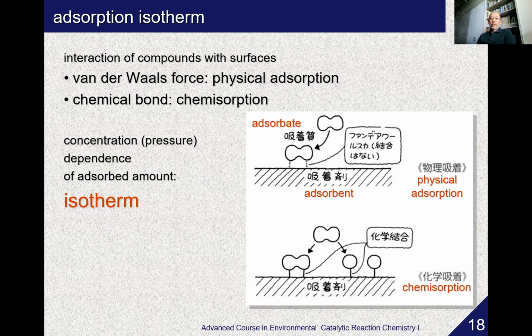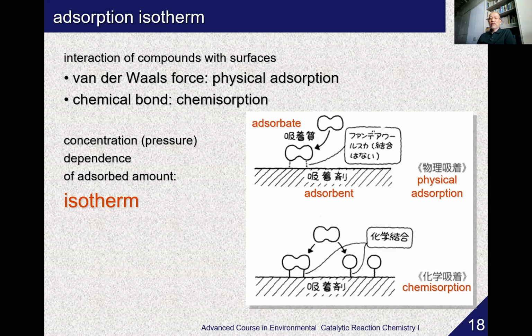And the interaction between adsorbate and adsorbent, if that is van der Waals force, that is called physical adsorption. If some chemical bond is created between adsorbent and adsorbate, that is chemisorption. In my student days, chemisorption was chemisorption, not chemical adsorption.